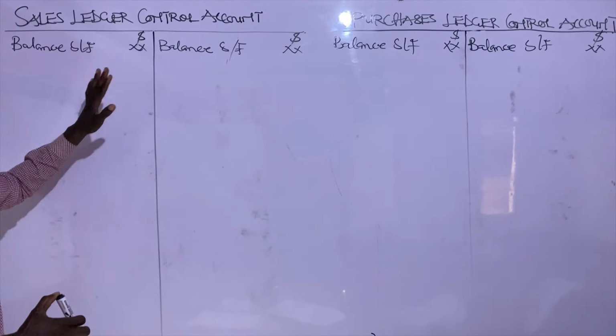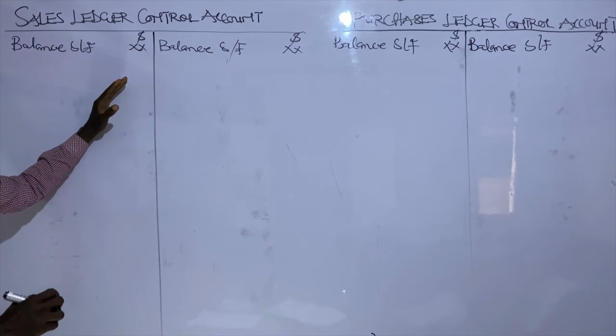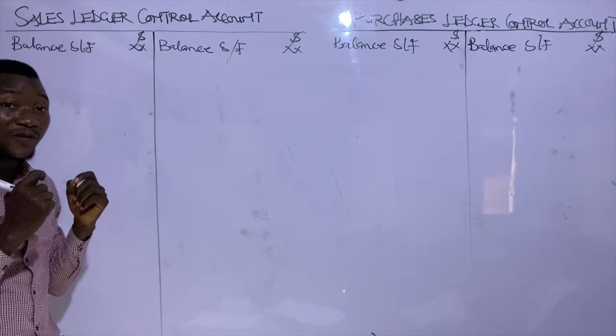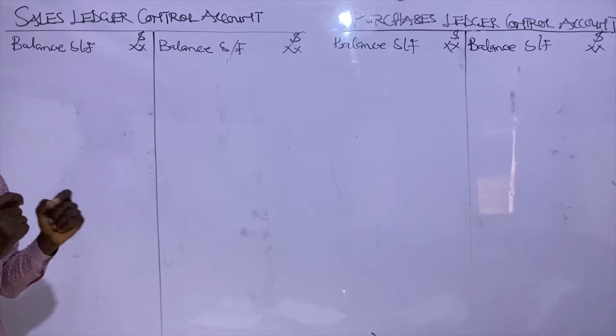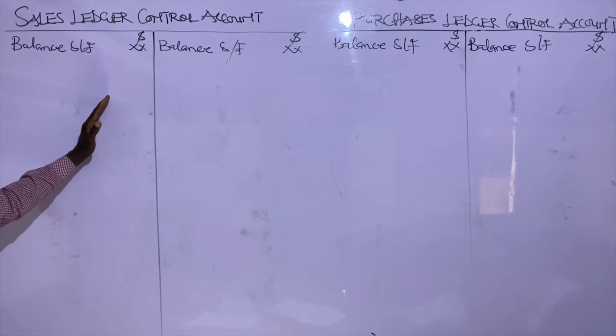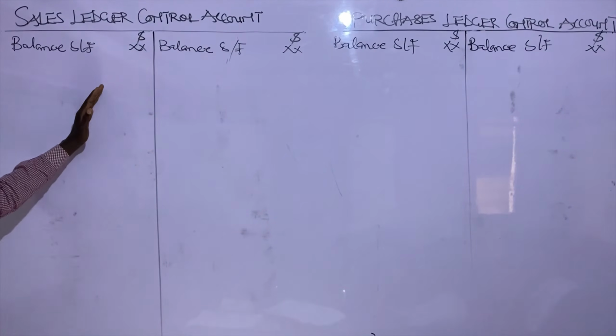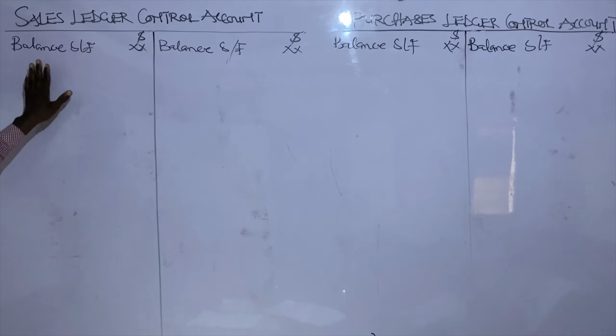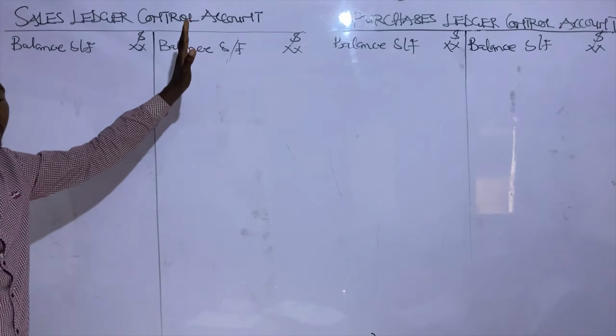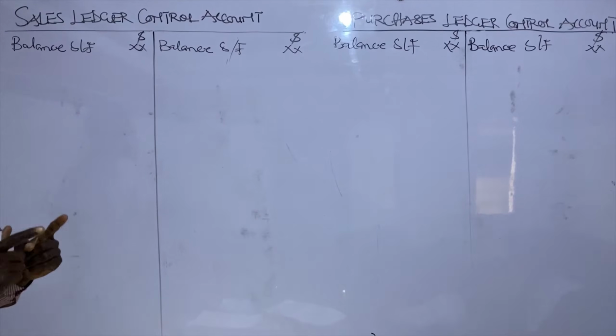Sales is debited to this account. If you pick one item, ask yourself, what is the double entry? When there is sales, we credit sales, we debit our debtors. This is the total debtors account. Is that okay? So when there is sales, we debit this account and credit sales. But take note that the sales I'm talking about here is the credit sales.